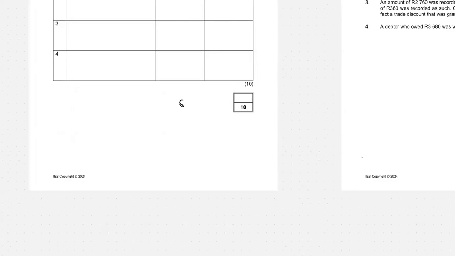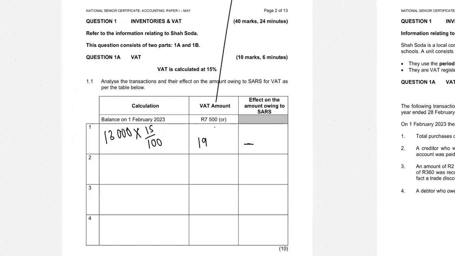Now, how will that affect the amount that we owe to SARS? So can anyone just type in the chat, when we purchase something, what type of VAT is that? Is it input or output VAT?